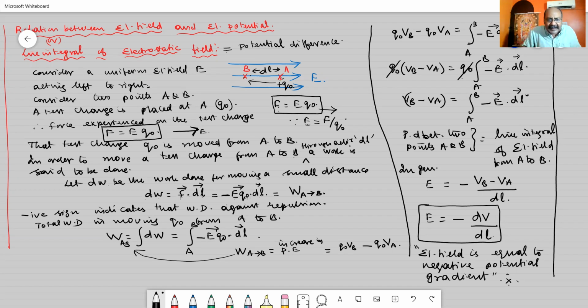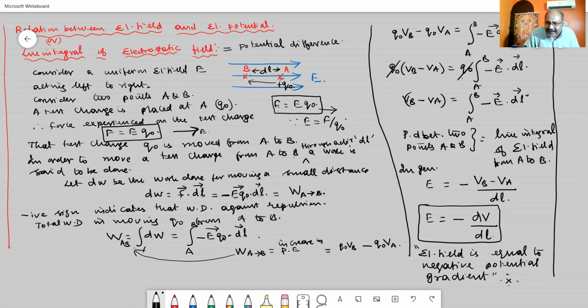Now, let us take the total work done in moving the charge Q naught from A to B. In order to move the charge Q naught from A to B, let us consider the total work done as W from A to B, which is equal to the integral of dW.